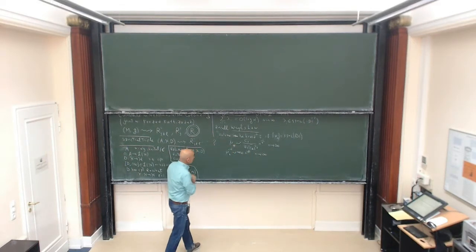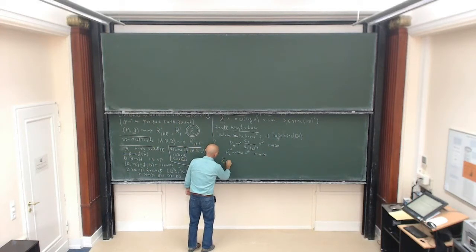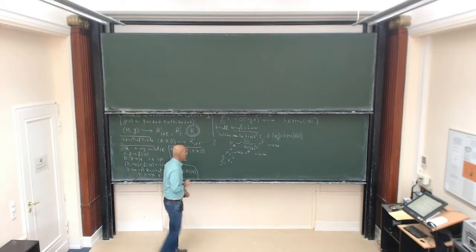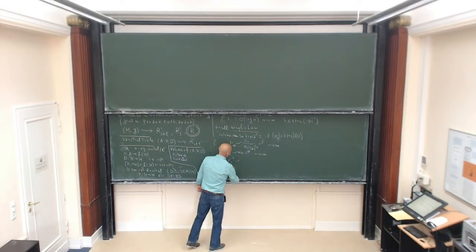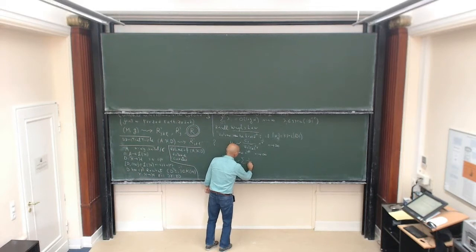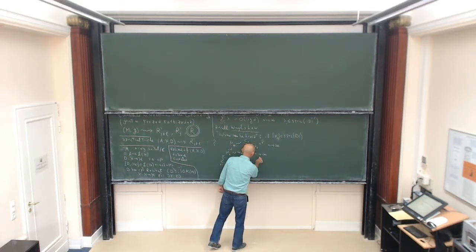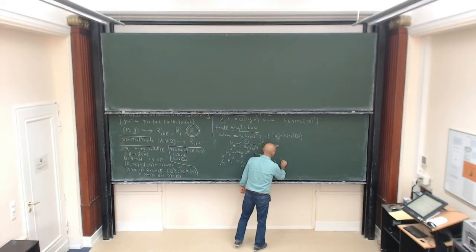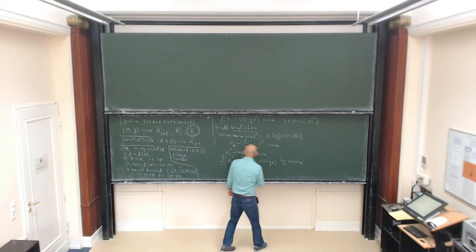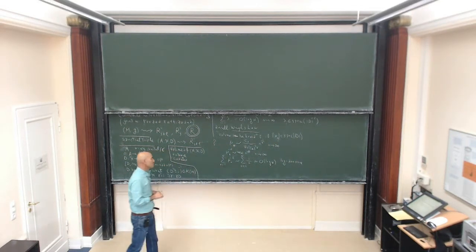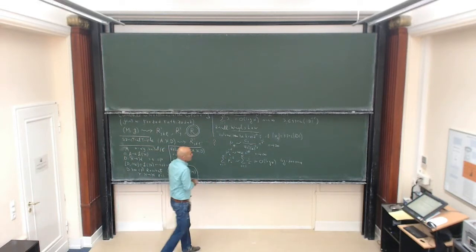So then, what does it mean? It means that if you sum these mu_n to the minus d, you are really like summing 1 over n from 1 to n. And this is, of course, log divergent. So this is O of log n. So you have this log divergence, and okay, so it's not trace class.